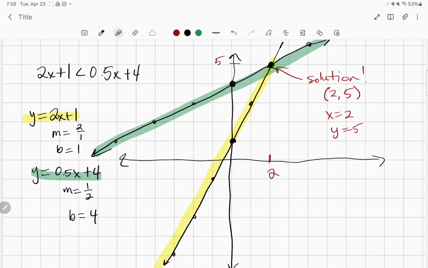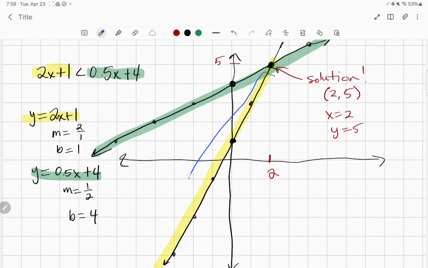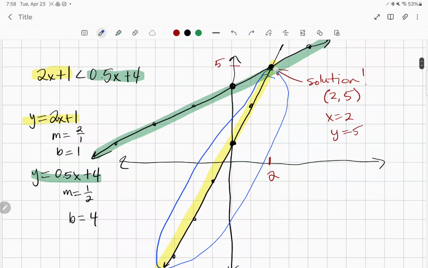And I try to remain consistent with these colors that I'm using. It's asking, when is this yellow graph less than this green graph? Well, if we look over here, the yellow graph is less than the green graph right here. Right here, because over here it's above, so it's not less than, so it's only right here.